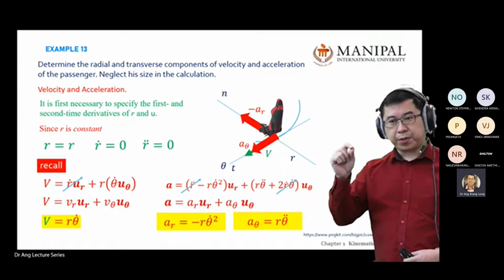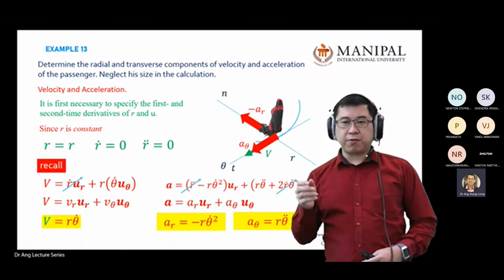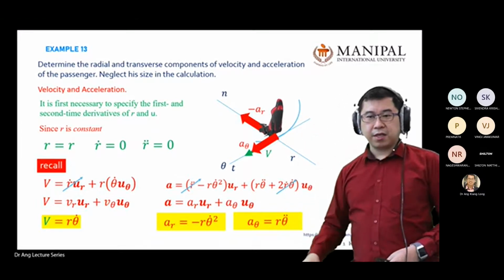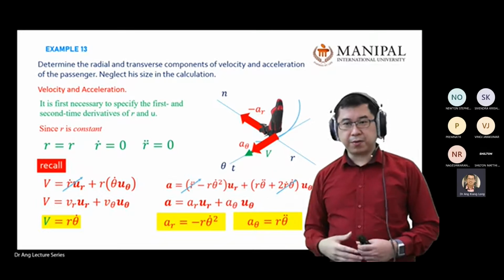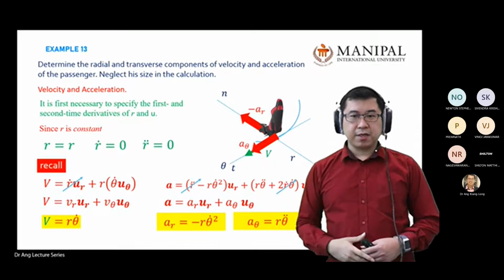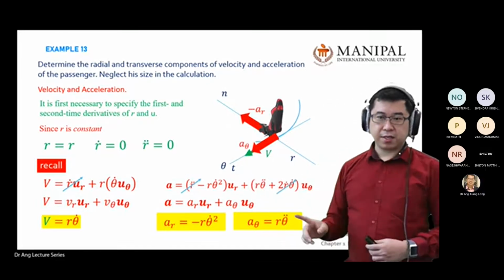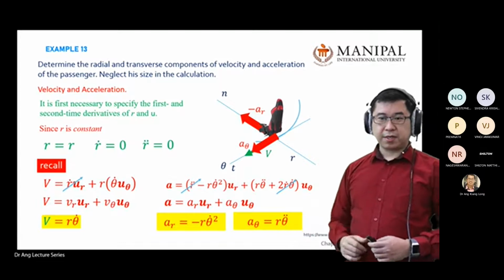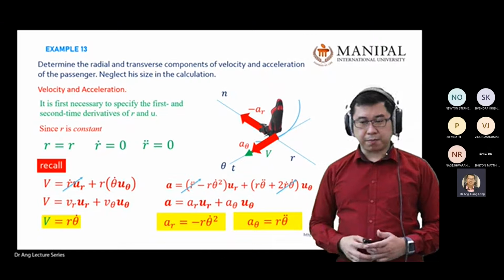And then in section B, I will give you assumed numbers. For example, if the R is 100 meter, or maybe 30 meter, and I give you the angular velocity of this one, what is the magnitude of your R, for example?